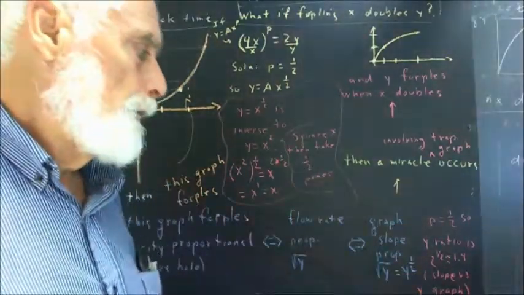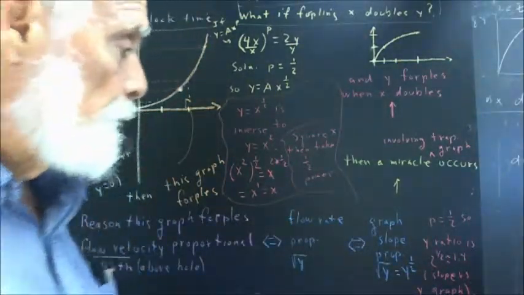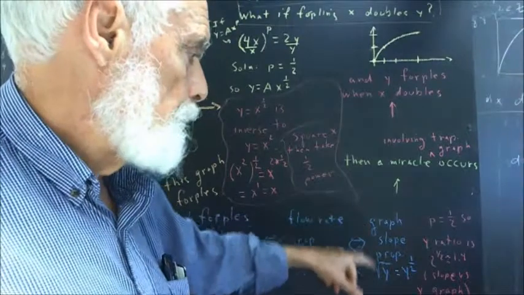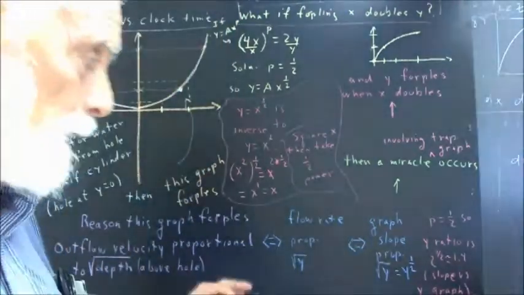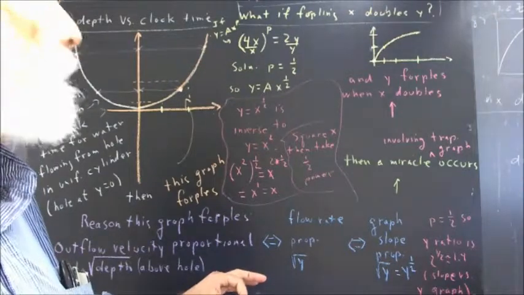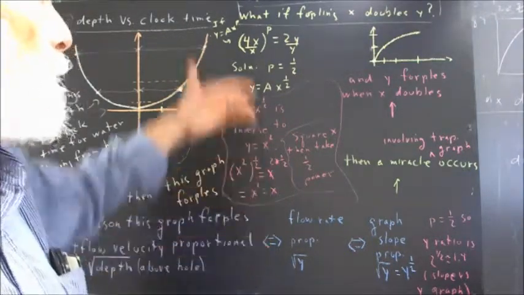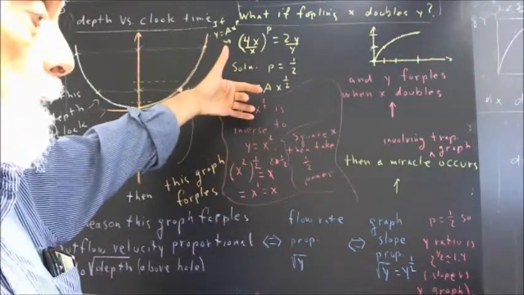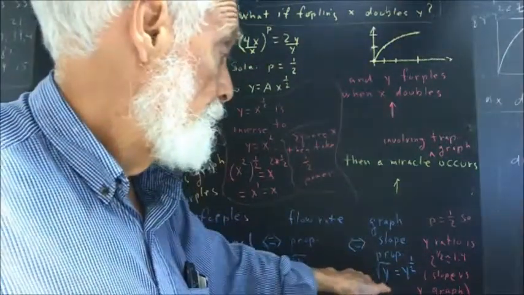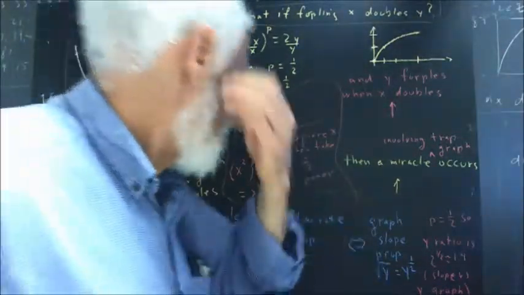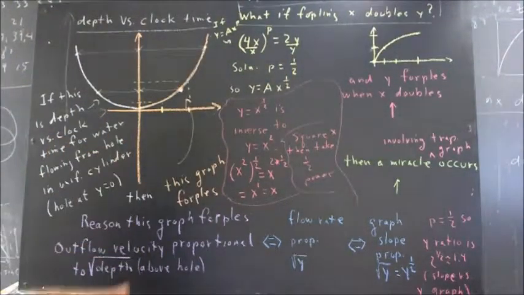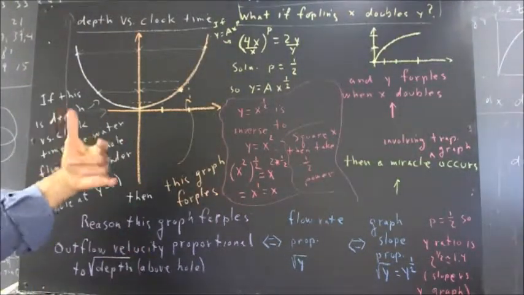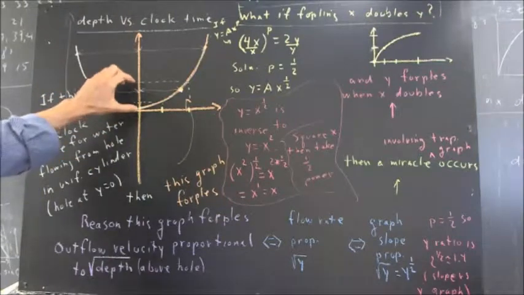It just came up in this process because then this graph of graph slope versus y being proportional to y to the 1/2 means that if we forple the graph slope, we're doubling the value of y. Okay, the graph slope forples when the value of y doubles, and that can be seen here.